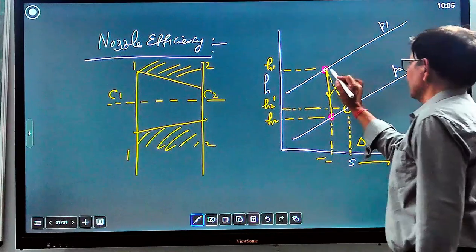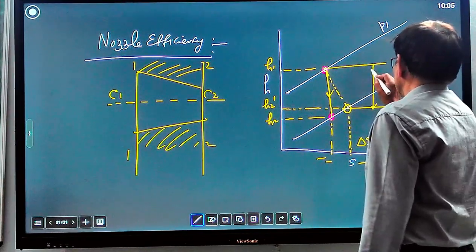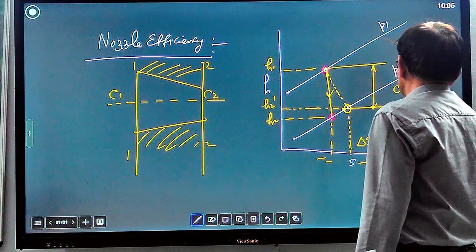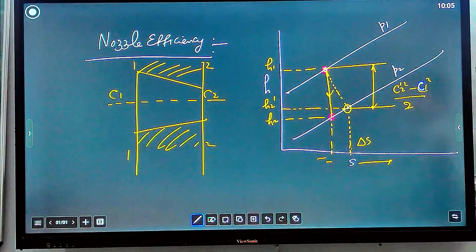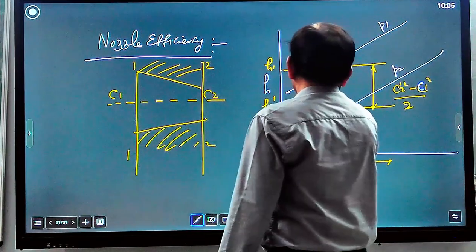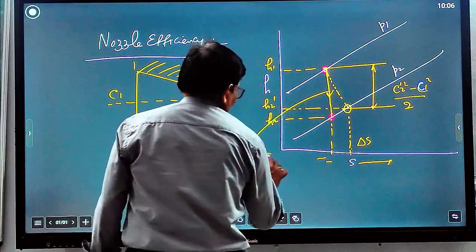In this case, the actual change in kinetic energy is C2 dash square minus C1 square by 2. The ideal change in kinetic energy is C2 square minus C1 square by 2.